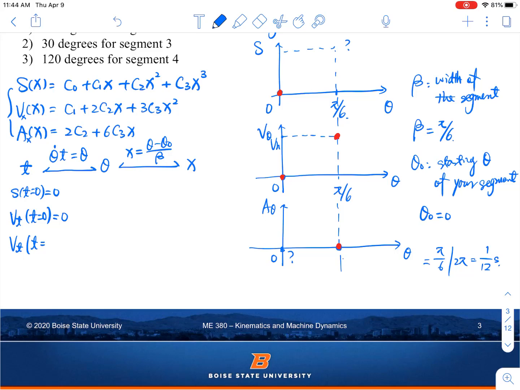So that's the t1 corresponding to the ending point. So when t equals 1/12 second, we know that that's 10 meters per second, right? That's the value we were given in time domain. And then we know that the acceleration at the same time point should be 0 meters per square second. All right, so everything is given in time domain.